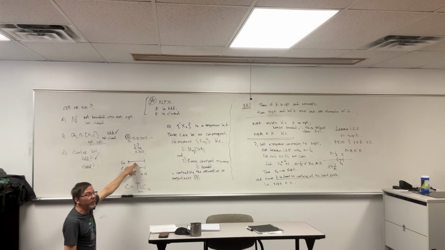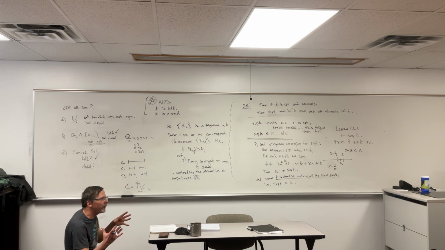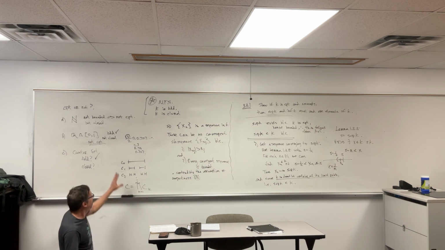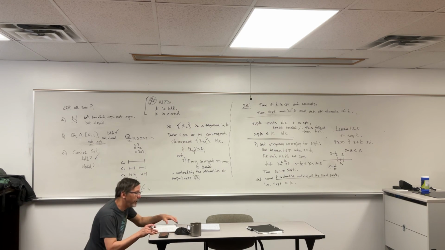Is the closed interval 0 to 1 closed? Yeah. Are these closed, each one? Yeah, they've got their endpoints. Your ideas of closedness are still okay. Closed intervals are closed. So these are all closed. And the Cantor set is the intersection of all of those.